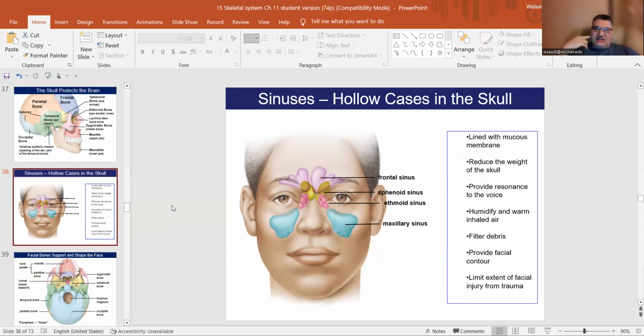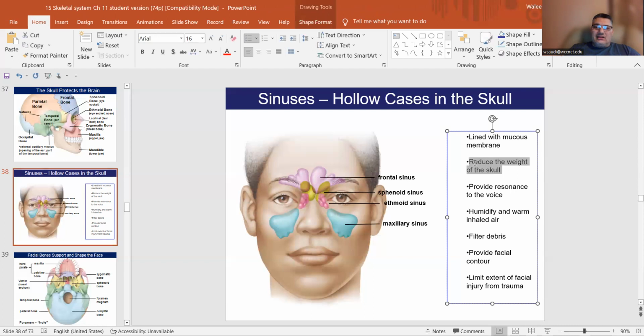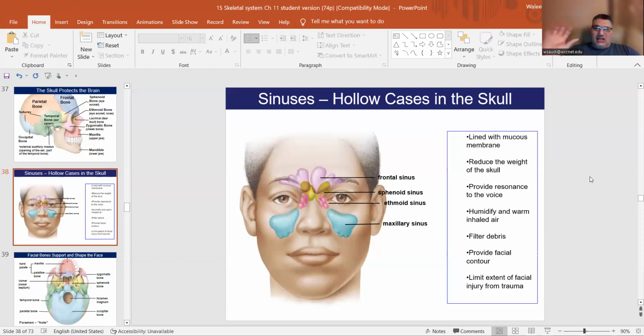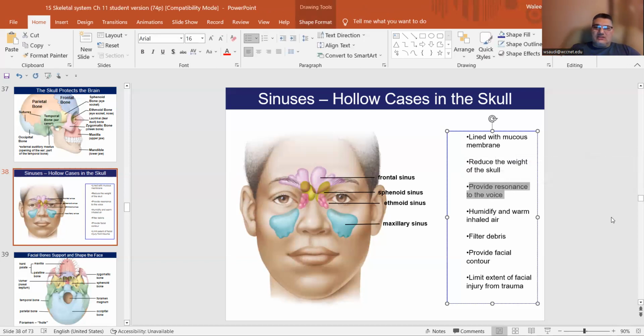Why do we have cavities inside the bone? The bone is not really compact, it's not all full. No, there are cavities inside. Why do we have these cavities? Different reasons, but the most important of all is to make the weight of the skull lighter, so you're not carrying heavy weight. And also it provides resonance to the sound.